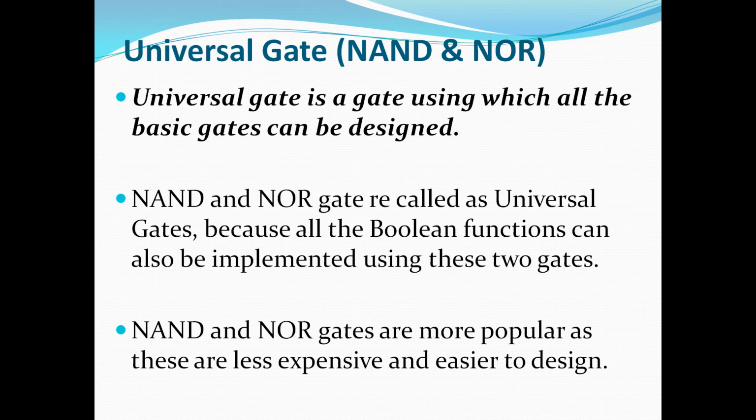And in today's session, what is a universal gate? Once again, a universal gate is a gate using which all the basic gates can be designed. If you want to design all the basic gates, then that one gate, or those gates, are required. That type of gates are known as universal gates. Using them it is possible to design all the basic operations or any Boolean function.